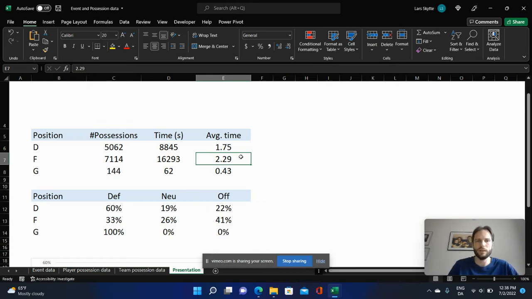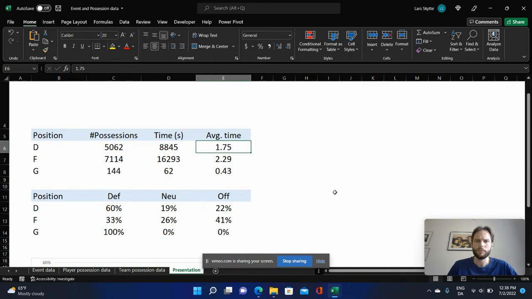We can see here that the average possession time for forwards is 2.3 seconds, and for defenders it is 1.75 seconds. I don't think this is obvious at all. I would have expected the possession times to be more of the same, or perhaps even the other way around. But the data is quite clear here. Forwards possess the puck for longer times on average.